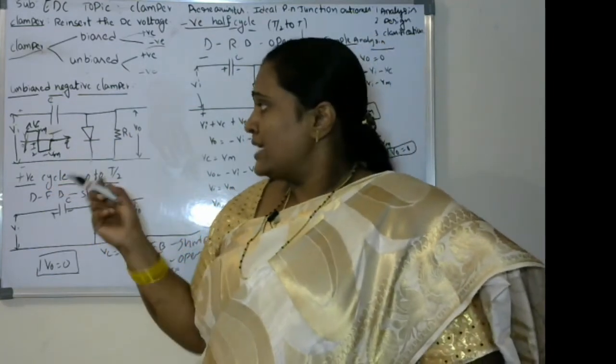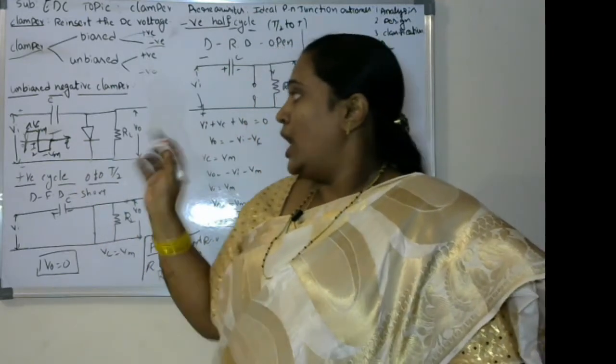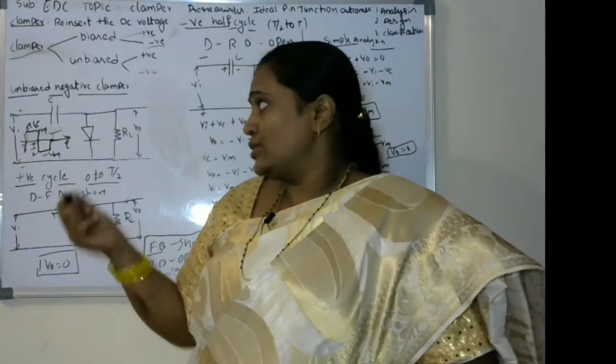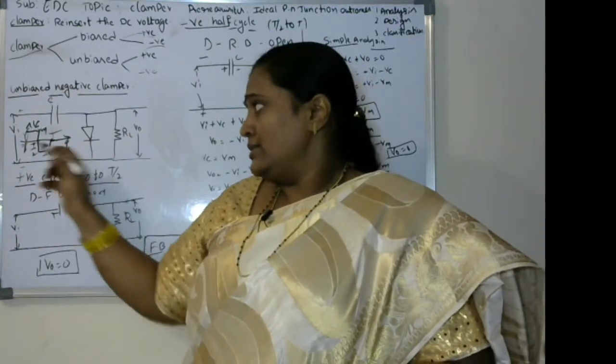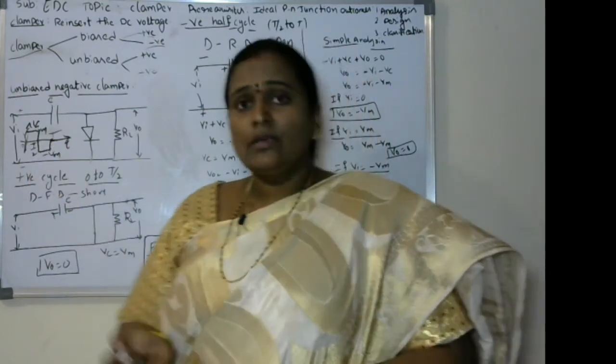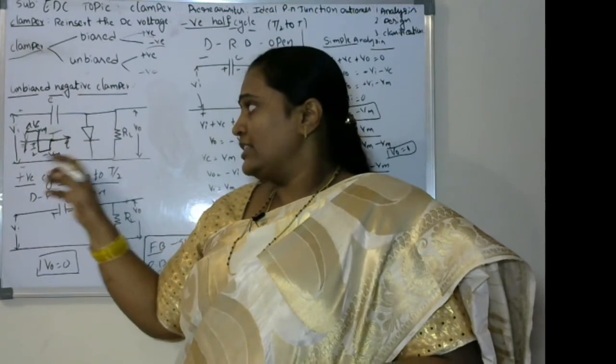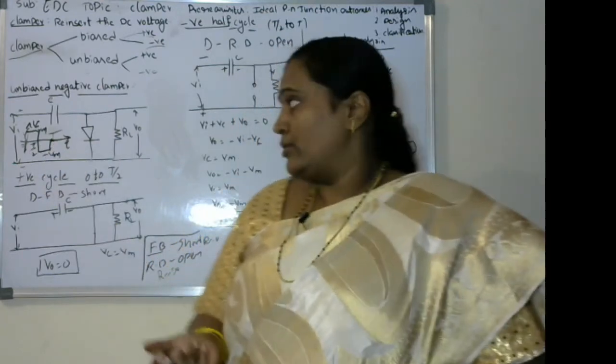In this case, we have to analyze what happens to the output voltage also. As in the waveform, between 0 and T by 2 there is the Vm peak voltage, and between T by 2 and T the voltage is minus Vm.